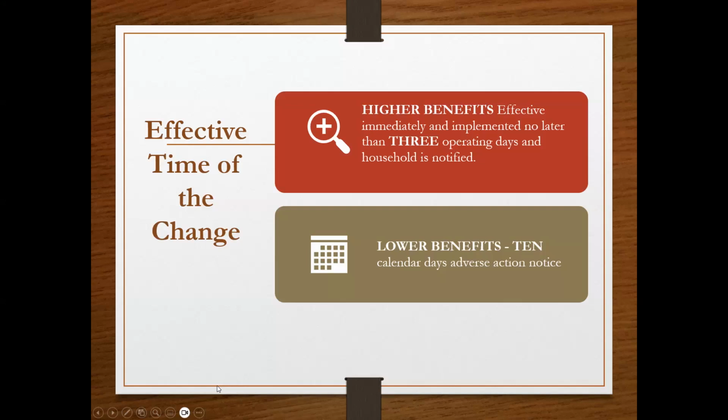So higher benefits, which means an increase, maybe from reduced to free, 3 days. If it's going to be a decrease in benefits, let's say from free to reduced or reduced to paid, then you want to give them 10 days to make preparation to send monies in if needed.